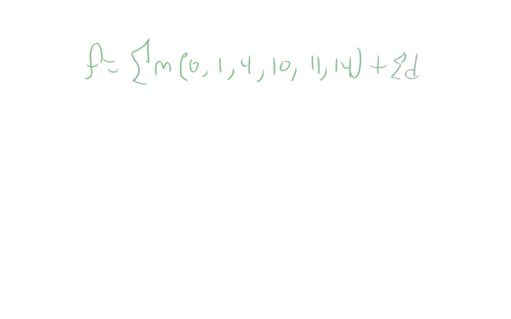It says here, F is equal to sigma M of 0, 1, 4, 10, 11, 14, or sigma D, which is standing for don't cares, 5 and 15.